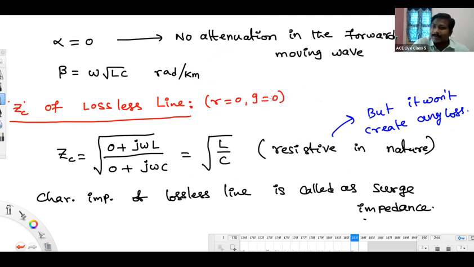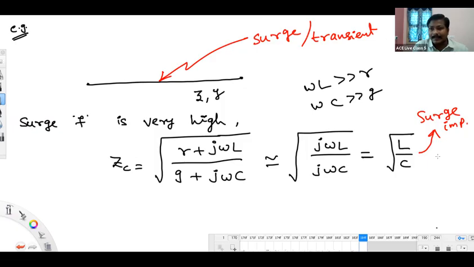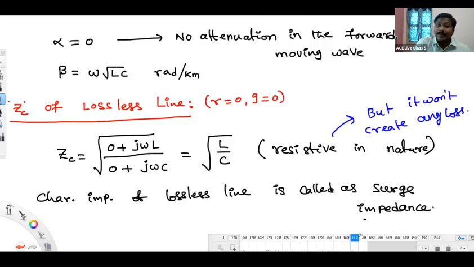ZC becomes root of L by C. The same term is nothing but the surge impedance we defined earlier. Hence, even though we say it is under steady state, it is still termed surge impedance. But we are not discussing the transient operation. We are discussing the steady state operation only.